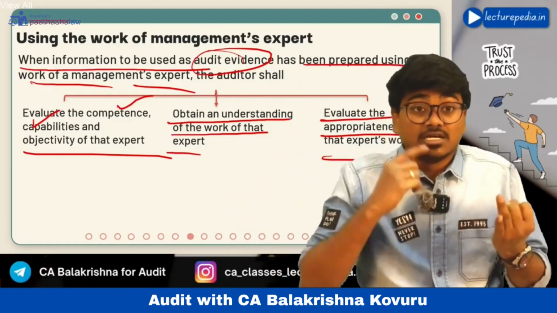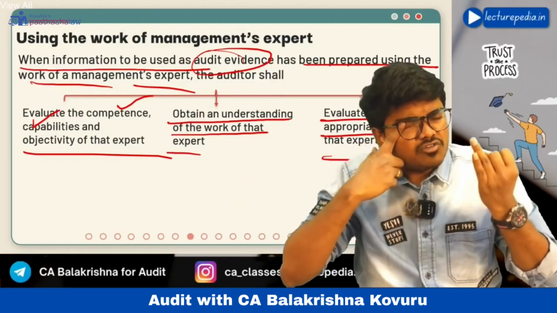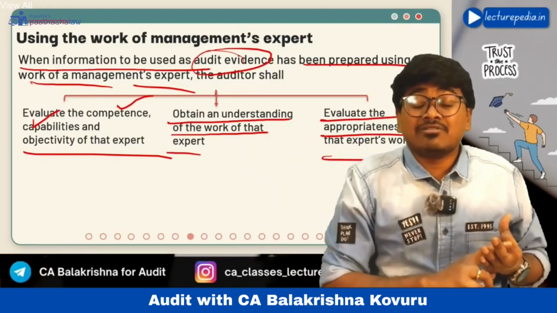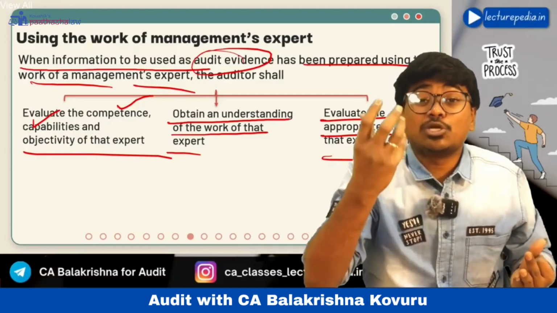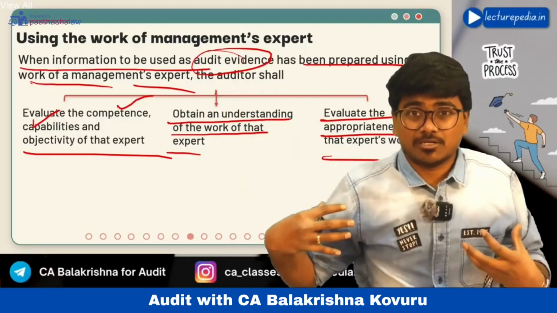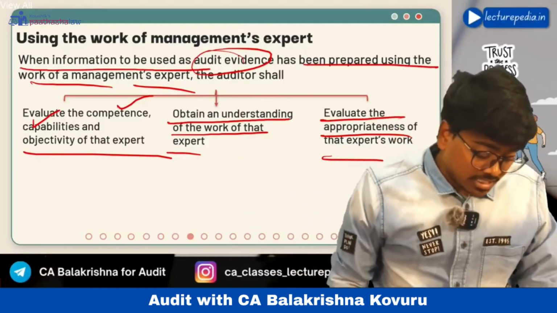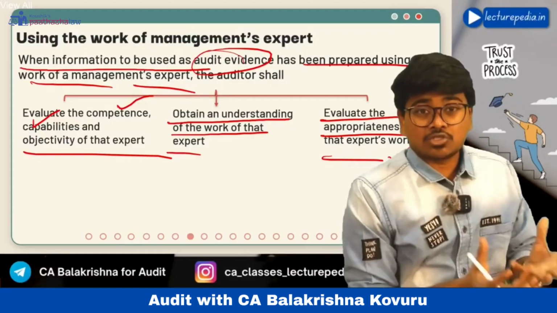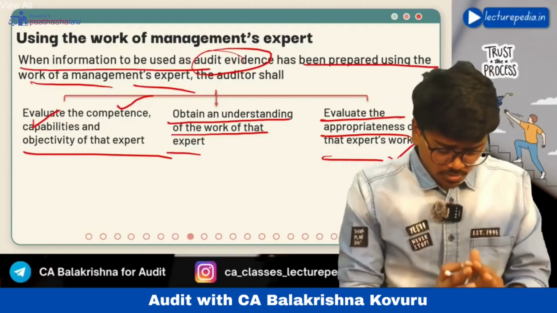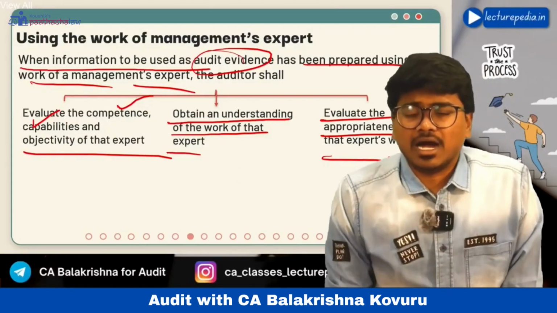You will check the relevance and reasonableness of assumptions that have been made by the expert. You will see the relevance, completeness and accuracy of the source data that has been used by that expert. So by doing this, you will evaluate the appropriateness of the expert's work. Okay, so this is SA 500.